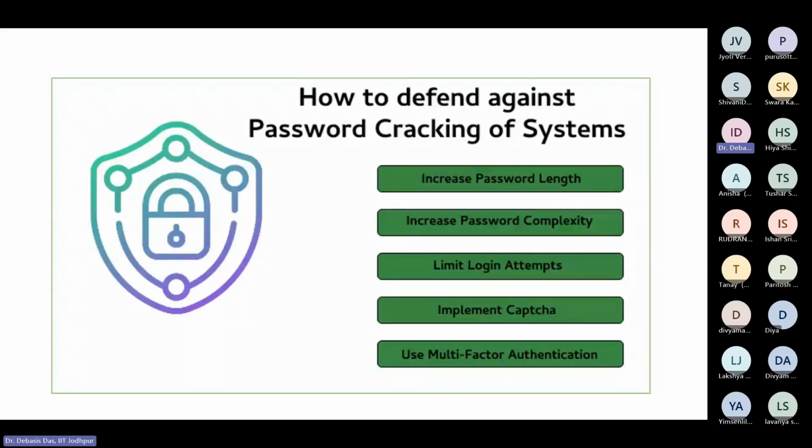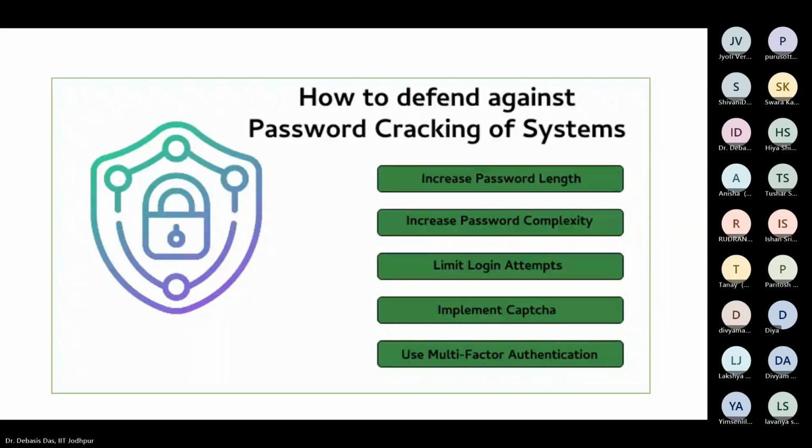It's not like some of your friends mentioned, a name and date of birth, which an attacker can very easily predict. So we can use capital letters, small letters, special characters, or any other thing, and through this we can increase the complexity of the password.